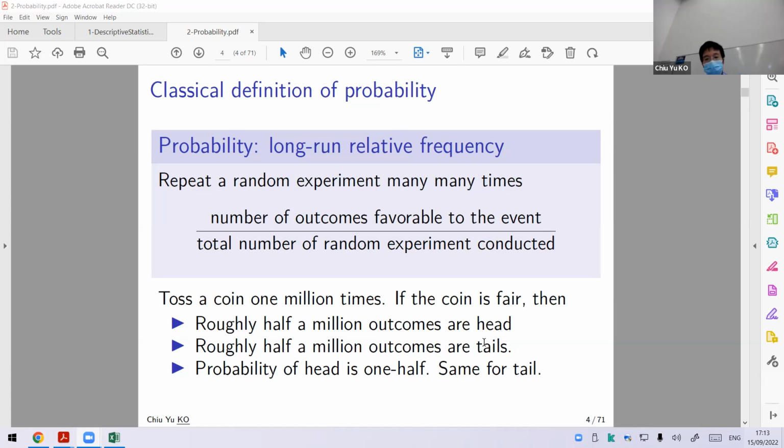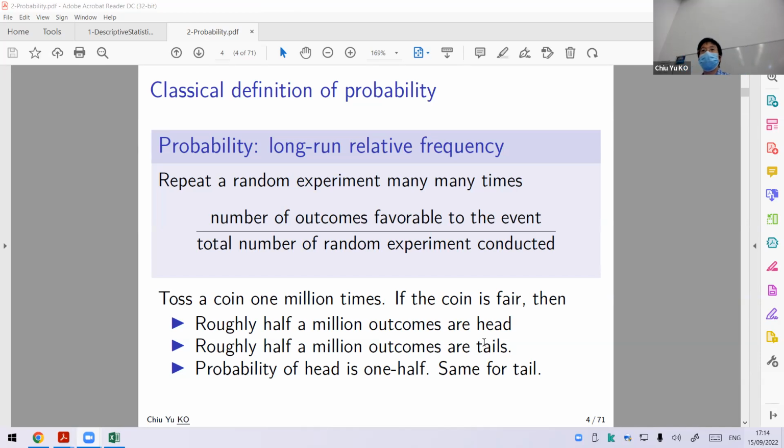Just to remind you, we have to emphasize that the probability here is related to a random experiment that can potentially be repeated many times. If you can't repeat it many times, then the probability you get usually is not that meaningful. If it happens just once and for all, then it is not the probability we meant.